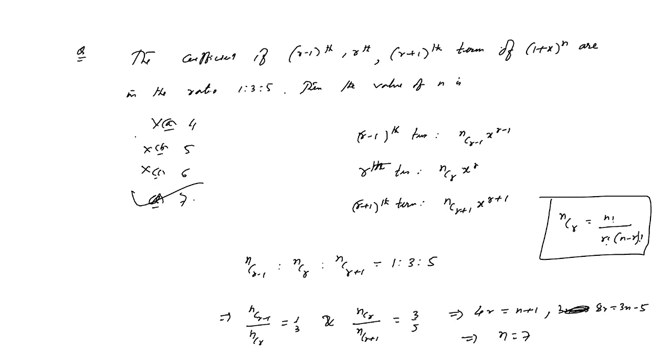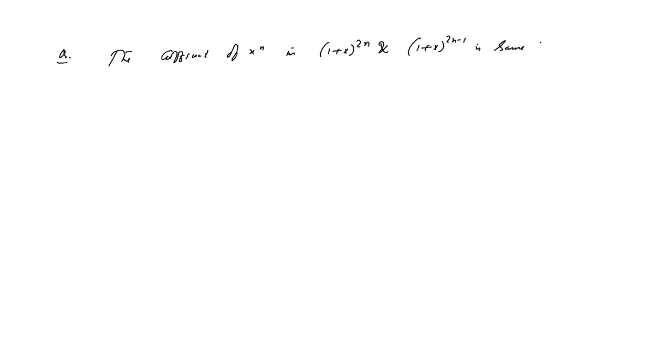Here is another question, from the binomial expansion. The question is also simple. The coefficient of x to the power n in 1 plus x whole to the power 2n and 1 plus x whole to the power 2n minus 1 is compared.